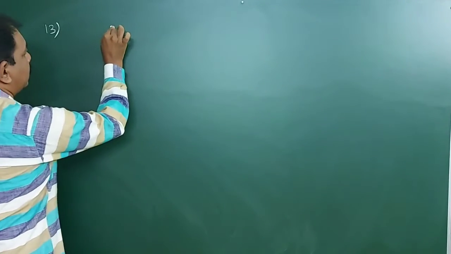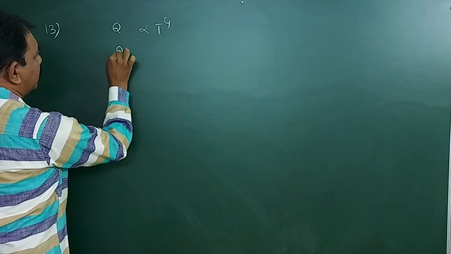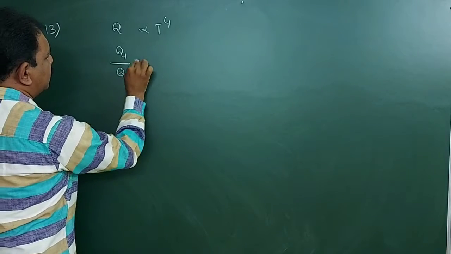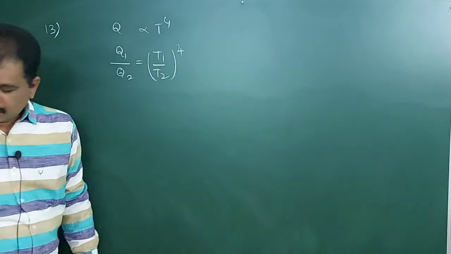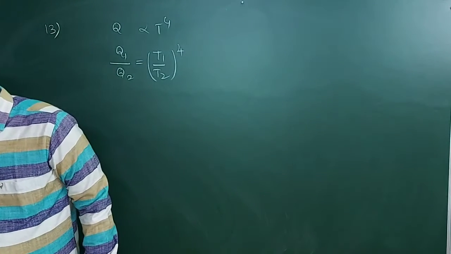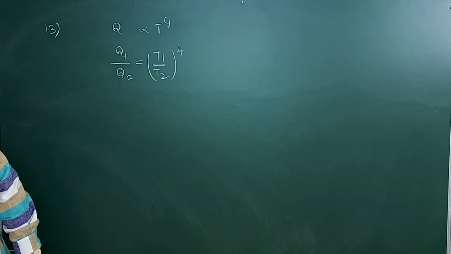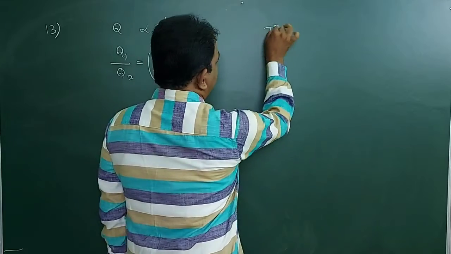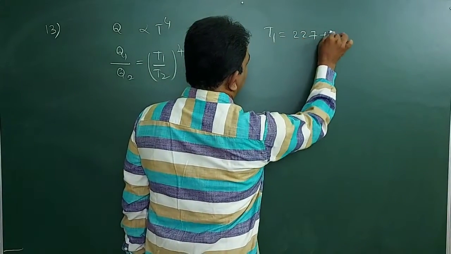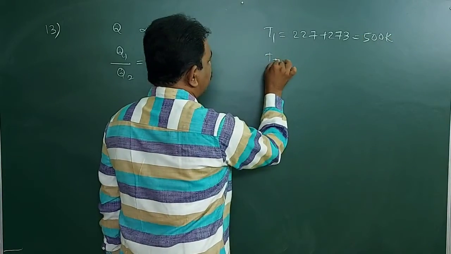So here Q is proportional to T power 4. Q1 by Q2 is equal to (T1 by T2) power 4. So here T2 is 727, T1 is 227. So 227 plus 273, it will be 500 Kelvin.